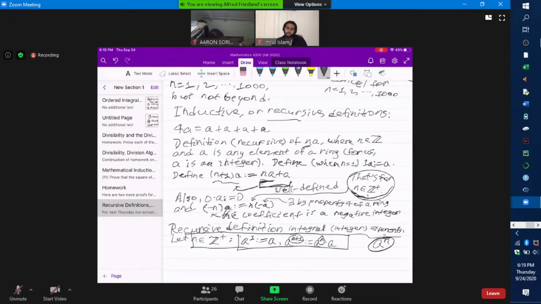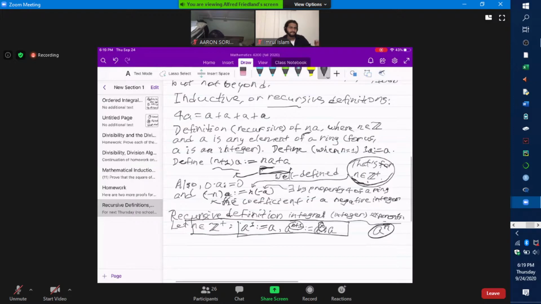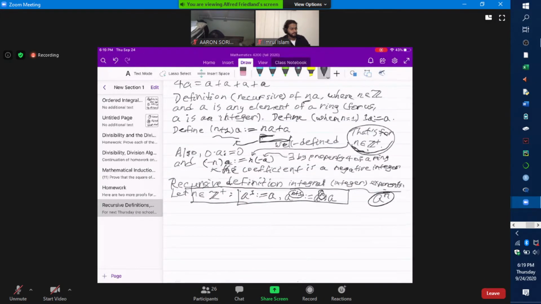So we've defined a to an exponent n plus 1 in terms of a to the nth power. Now, this is as far as we'll go in our class, but just to be complete with the definition.